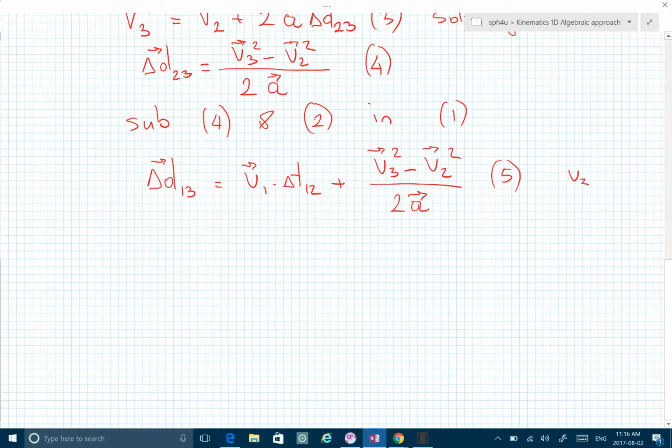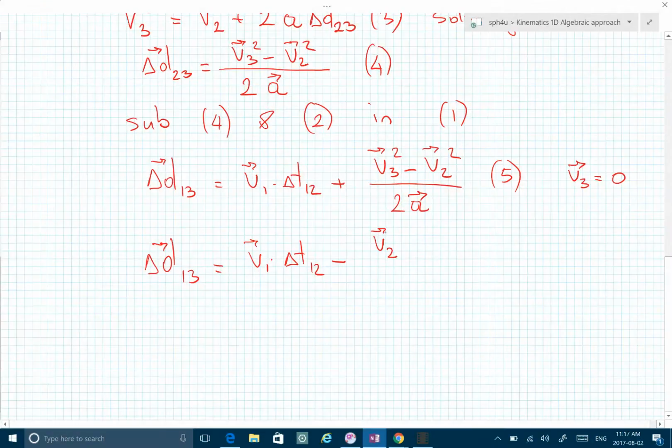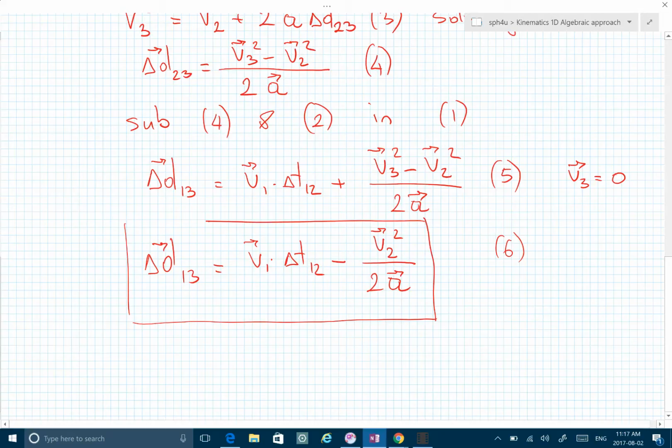Since v3 is actually 0, we don't have to write it in the equation, so we can make the equation a bit easier to read. v1 times delta t from 1 to 2, we can write here, minus v2 squared divided by 2a. And this is my final equation. And why is this my final? Because I know everything on the right side here.